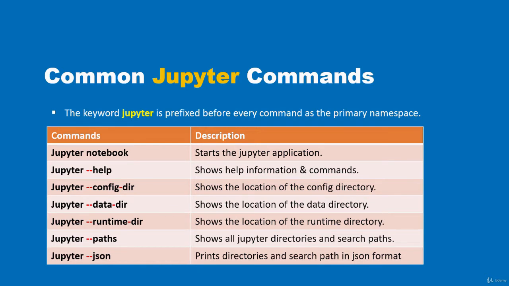If you want to show all the Jupyter directories and the search path, you type in jupyter space --paths. If you want to print out the directories and search path in a JSON format, you type in jupyter space --json.